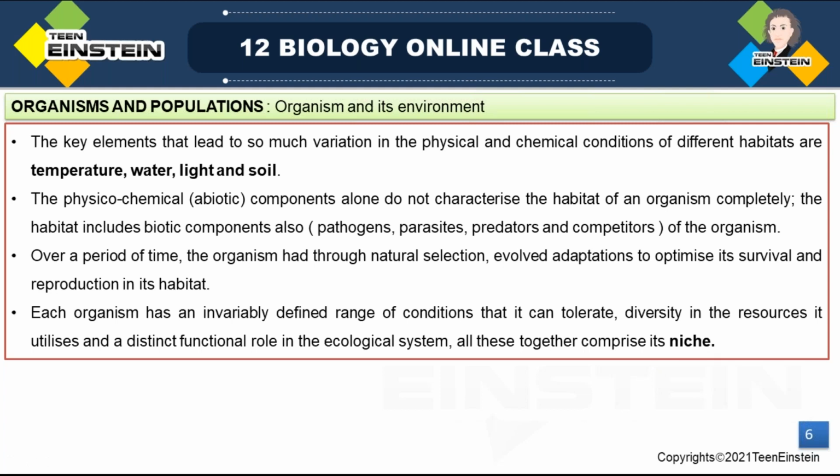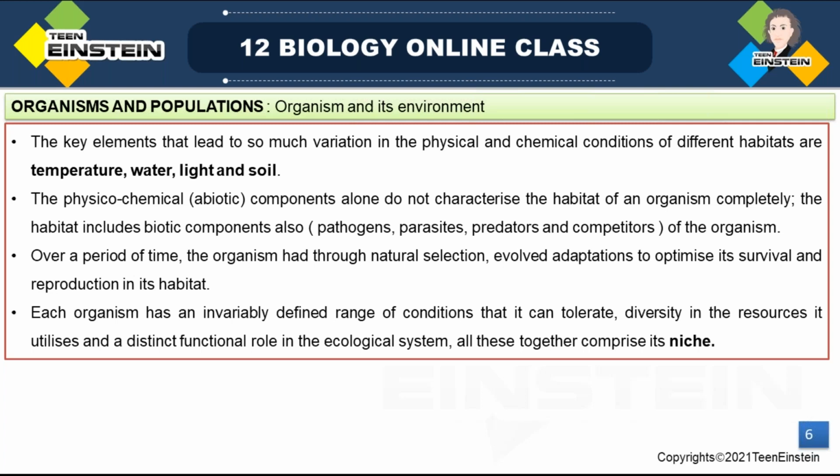What is that? Habitat, we said, is the geographical limit within which a population exists. And niche, what do you mean by niche? The ecological niche is a particular habitat and the specific function of a species.